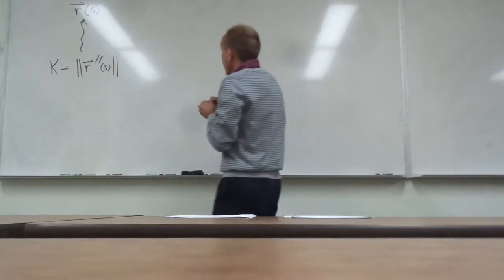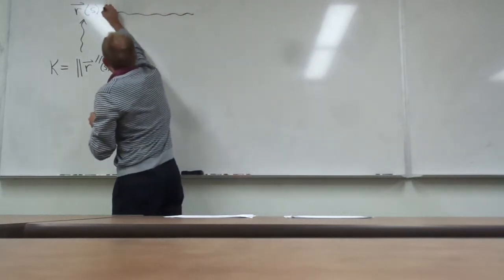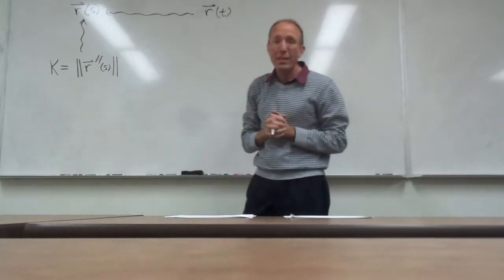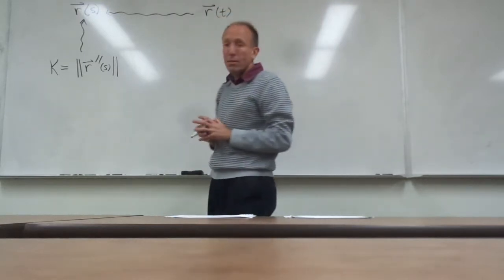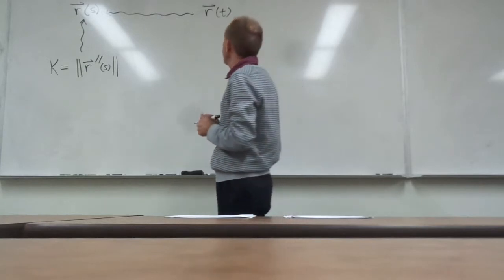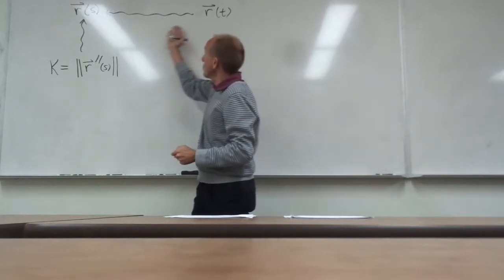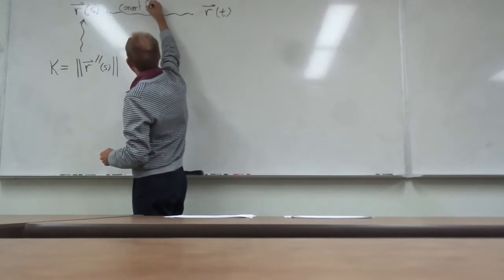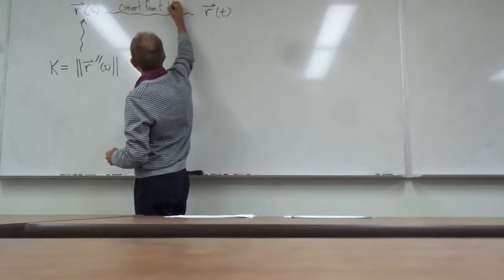But more commonly, we will be given the position vector in terms of t. And what we could do, of course, is convert it, as we did in class, from t to s.